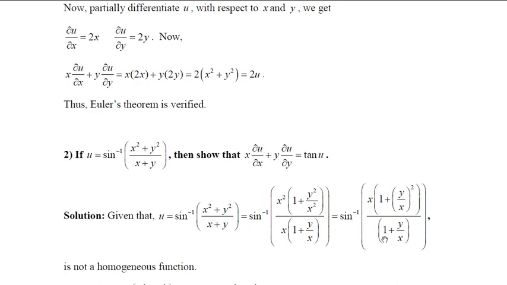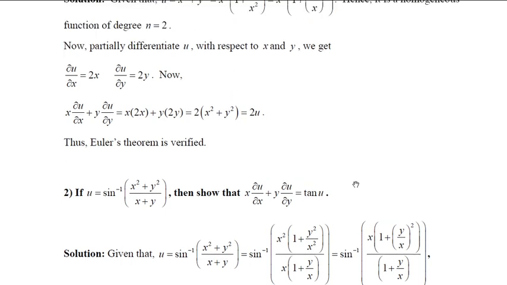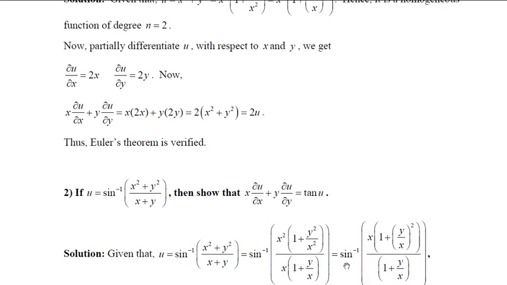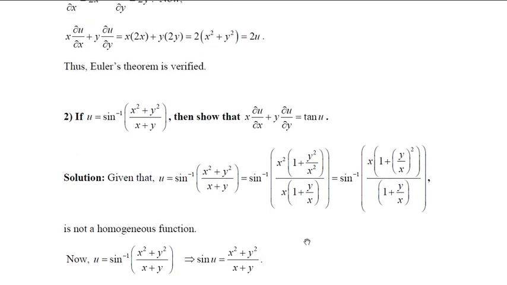Of course, this is a function of y by x, but your x should be outside, because you know it should be of the form x to the power of some power into function of y by x. But here sine inverse is there. That's why this is not a homogeneous function. You should remember, this should be of this form. Your x should be outside and remaining thing should be as one function of y by x. So that's why this is not homogeneous. That means we cannot apply Euler's theorem for this.